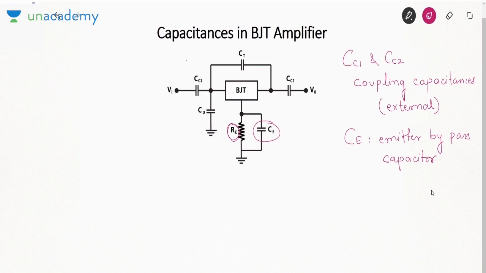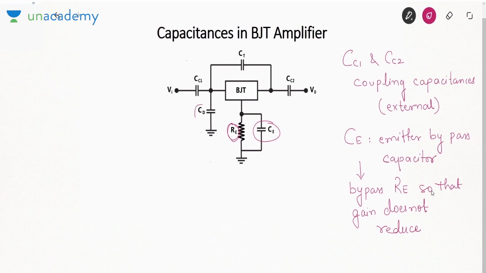Now the purpose of this capacitor is to bypass Re so that gain does not reduce. Otherwise, Re acts as negative feedback which reduces the gain of the amplifier.